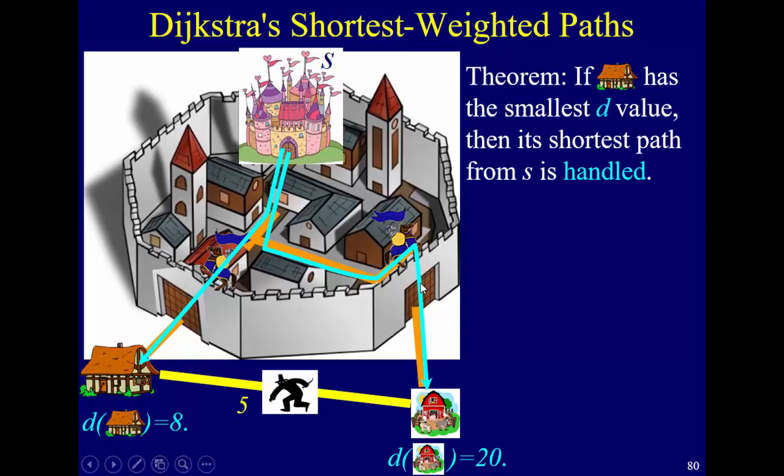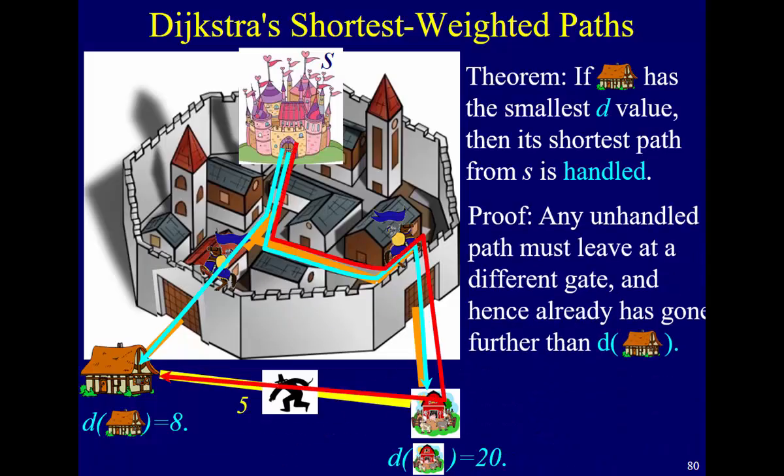So you take the smallest d value, and that's the little cottage. And what we're claiming is we already know the shortest path to it. Here we notice we don't know the shortest overall path to the barn, because there was a better path to it. But I'm claiming this guy that has the smallest d value has the shortest path.